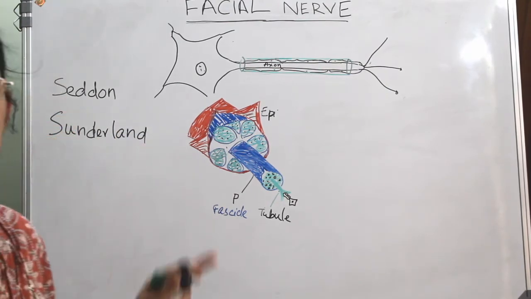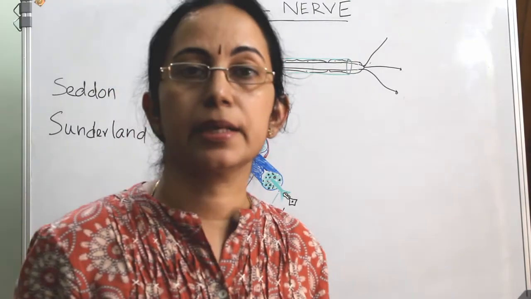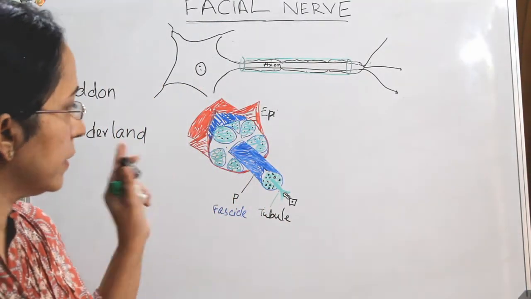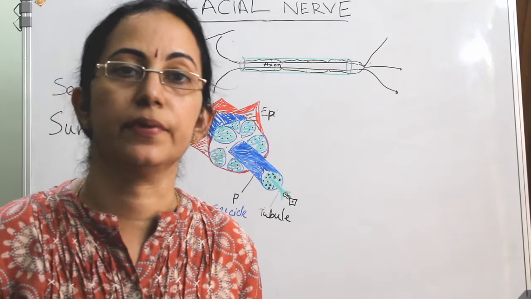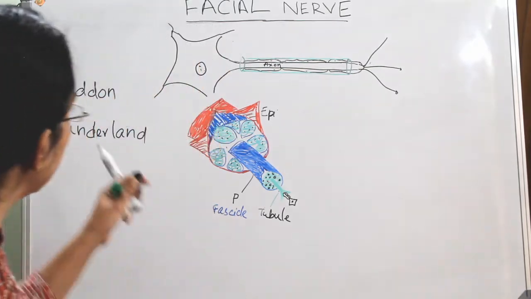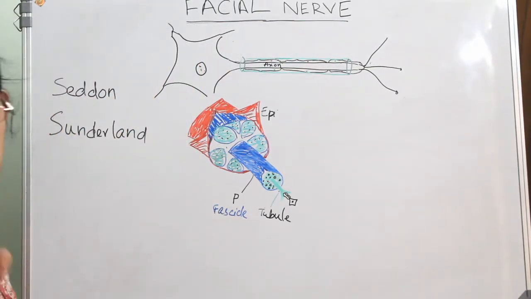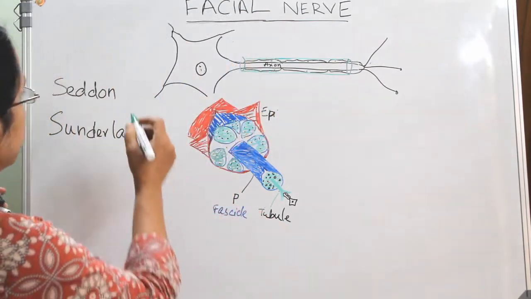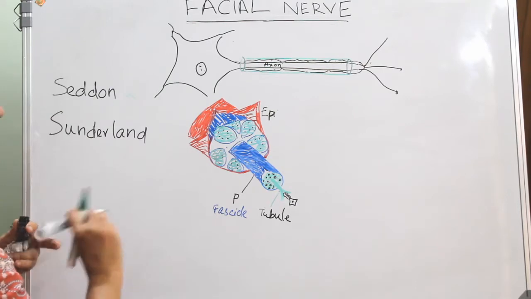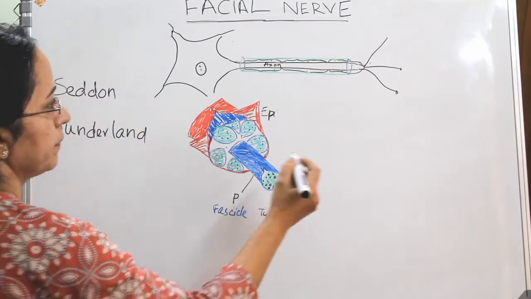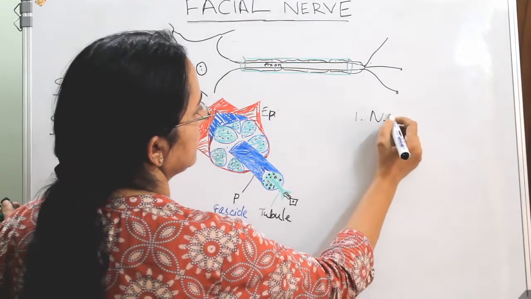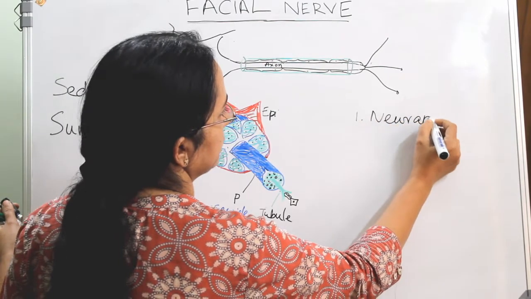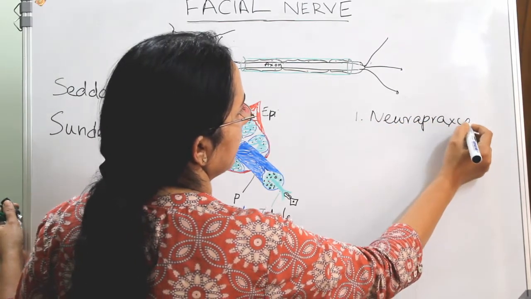These two persons described the types of progressive facial nerve injury, right? And according to Seddon, there are three types of progressive facial nerve injury. One is neuropraxia. What is that?